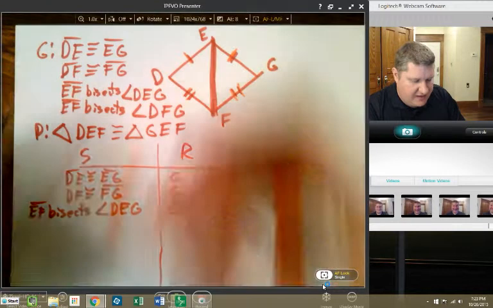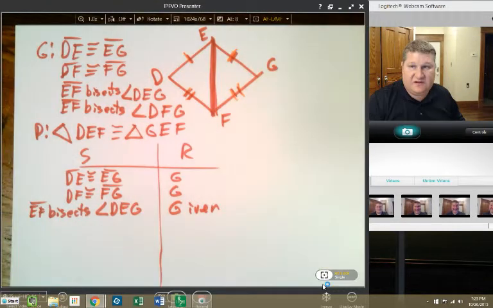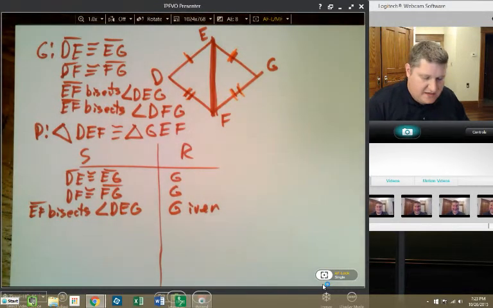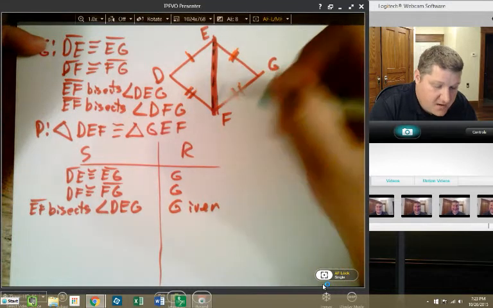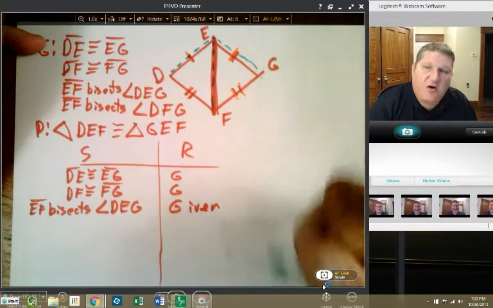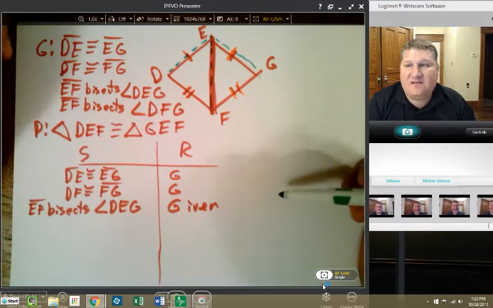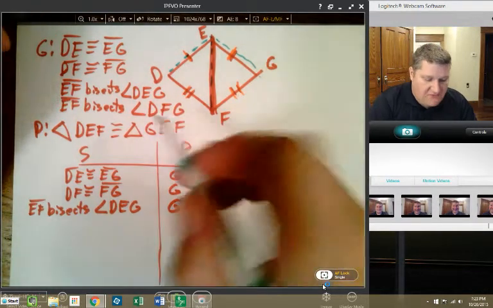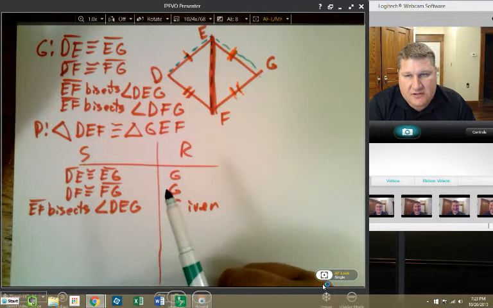Now, we also have EF bisects DEG. Of course, we remember that bisects means to cut in half. Folks, I cannot stress strongly enough how many times people mess this up.